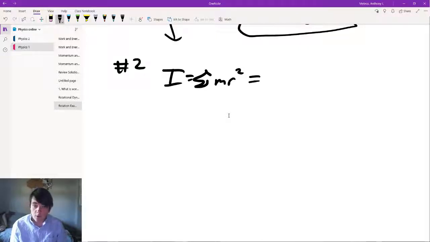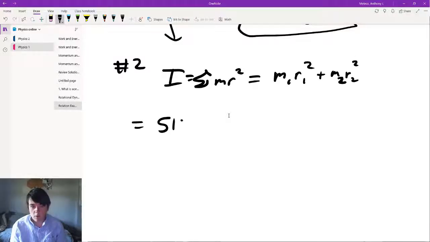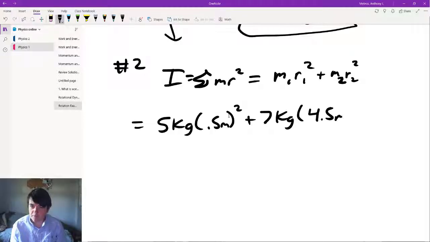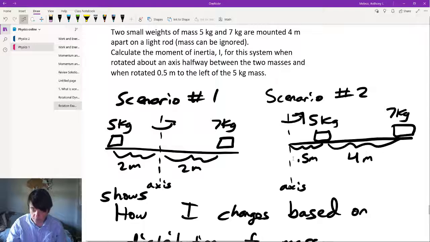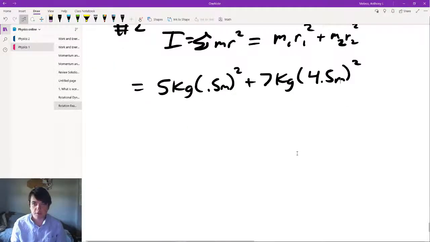So we can do m1 r1 squared plus m2 r2 squared. The 5 kilogram mass was only 0.5 meters from that. And then the 7 kilogram mass is 4.5 meters from that axis of rotation. Okay, because it's 0.5 away, this one is 4.5 away. So it's however far it is from the axis of rotation. You multiply these numbers.